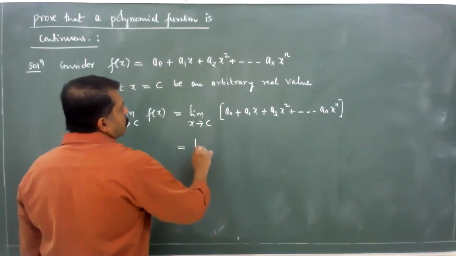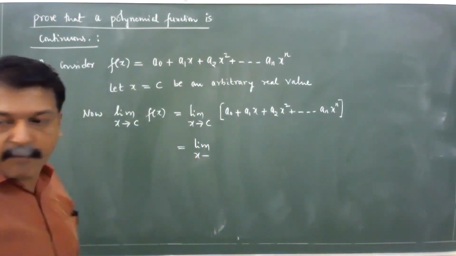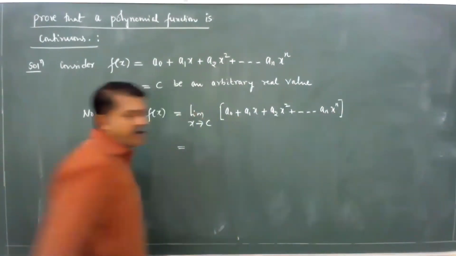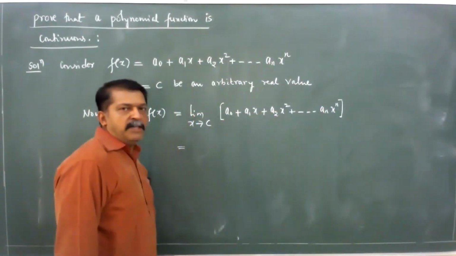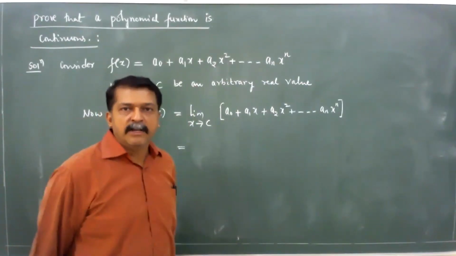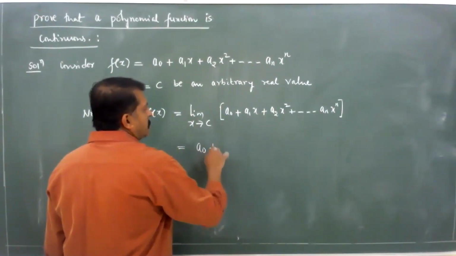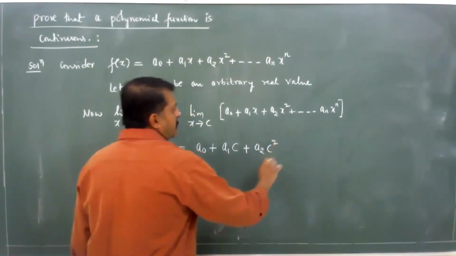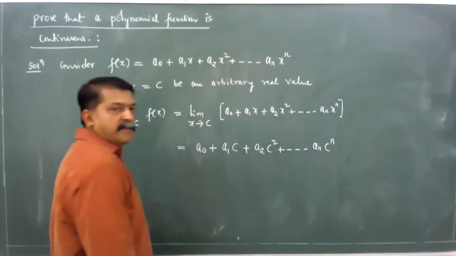You can directly apply the limit, since the function that we have considered is a polynomial function. This is defined for each and every real value. The polynomial function exists for each and every real value. Therefore, if you apply the limit, you get a0 plus a1c plus a2c squared plus dot dot dot an c to the power of n.